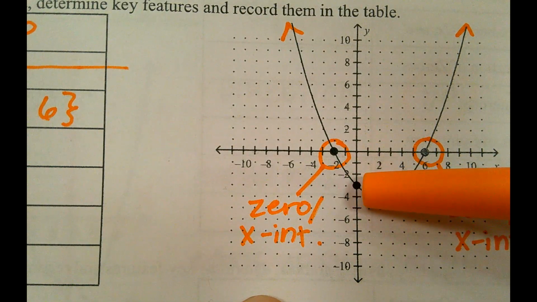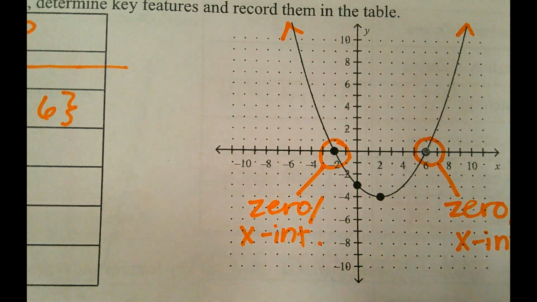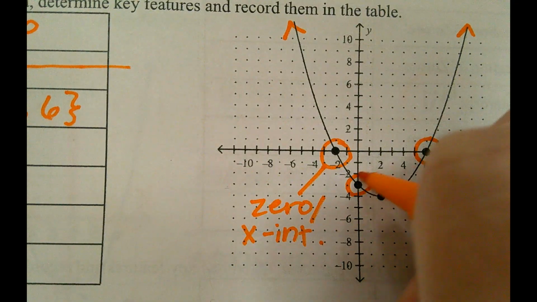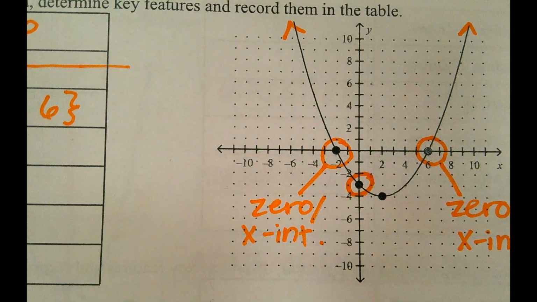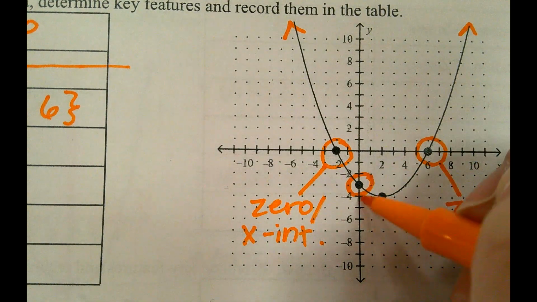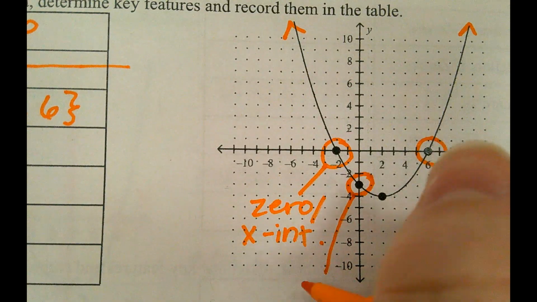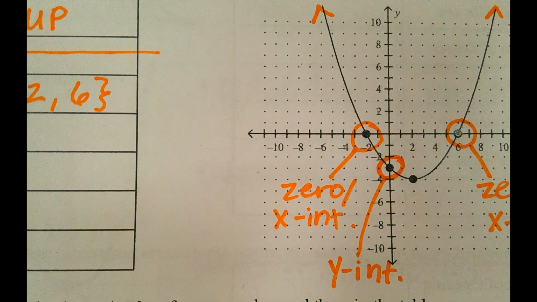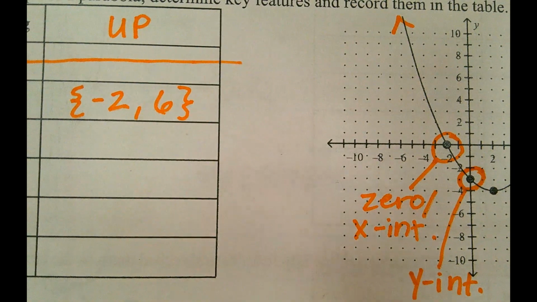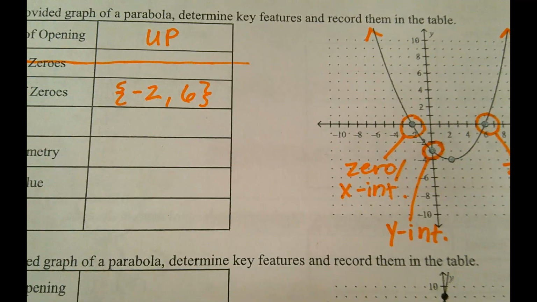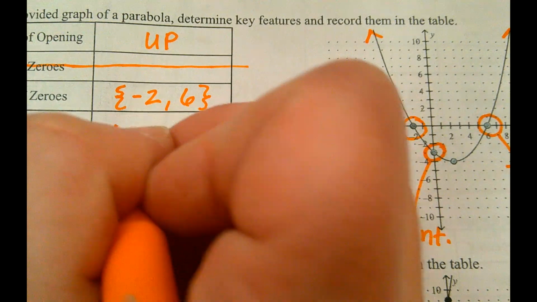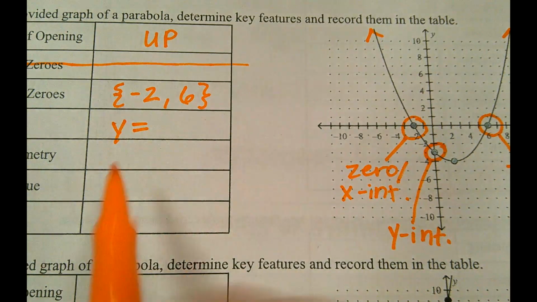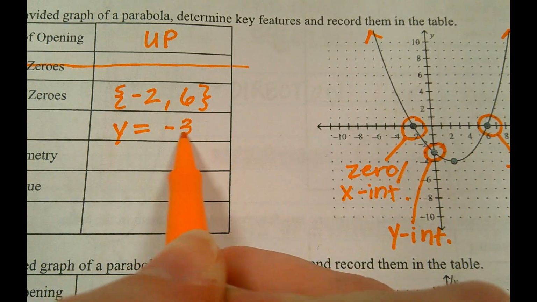So that is -3. That is my y-intercept. And we said that is at -3. So we will put y equals -3.